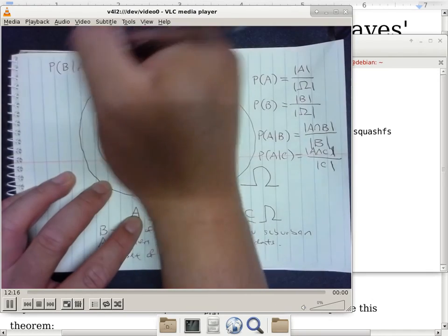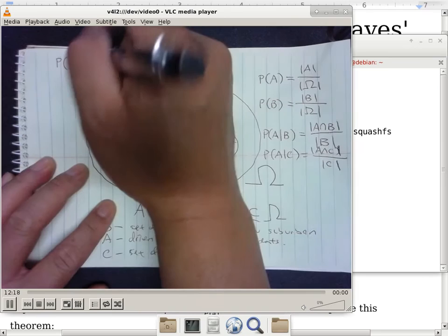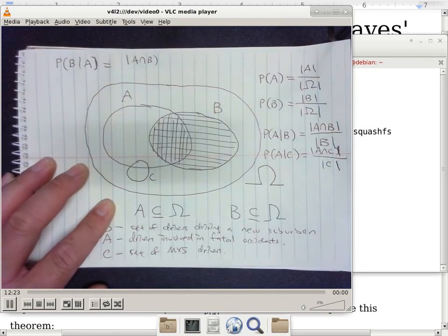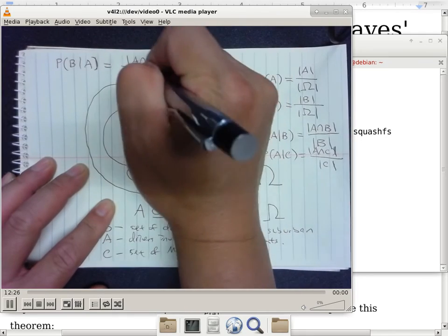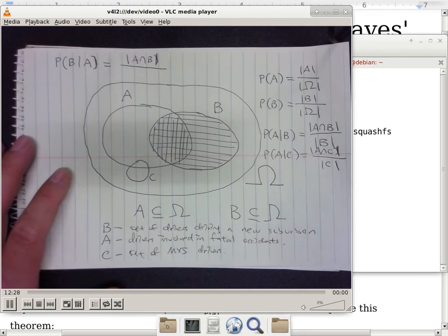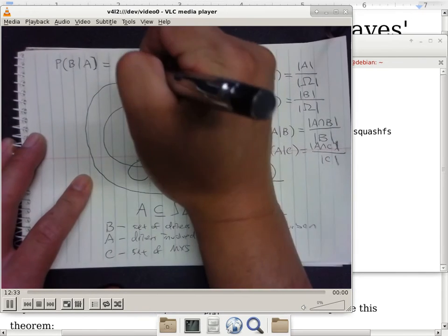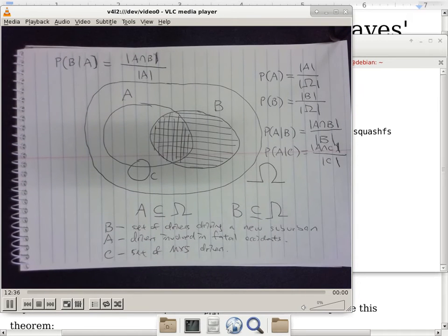It simply means the cardinality of A intersecting with B, just like before, but this time it's not divided by the cardinality of B. This time it's divided by the cardinality of A. This number is of particular interest to insurance companies, because now they're asking the question of, given that somebody is driving a Suburban, what are the chances that that person statistically is involved in a fatal accident?